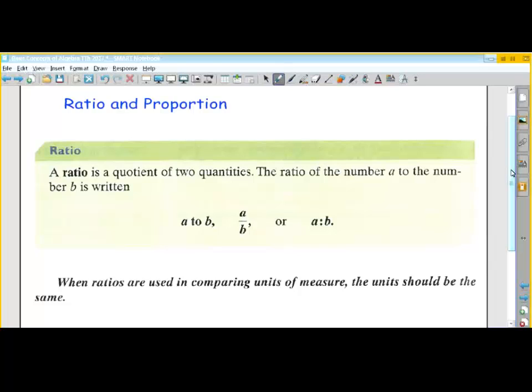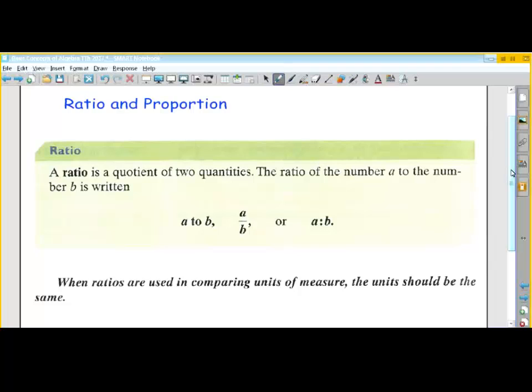Something like cooking is where you see ratios a lot, or chemistry, or cooking is chemistry. You can also show it by using this colon. That's done more in things like odds for gambling, but you won't see that as much.